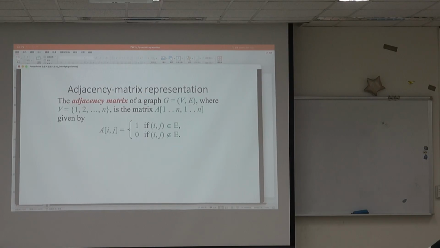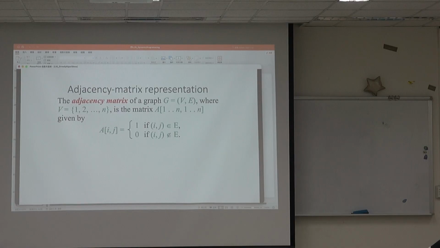And we are also able to use the adjacency matrix to represent the graph. This is a two-dimensional matrix of size n times n, where n represents the number of vertices.